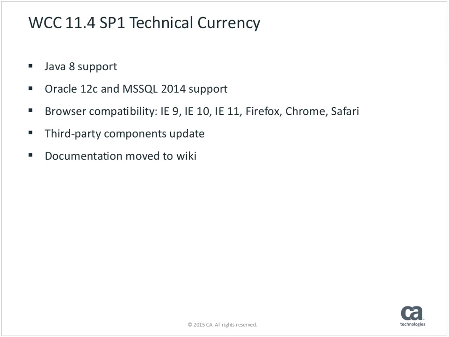There is only Java 7, and for other platforms we have Java 8. We added Oracle 12c full support and MS SQL 2014. For 11.3.6, 12c was supported and certified, but some operation was needed on DB setup. For this release, it's fully supported.